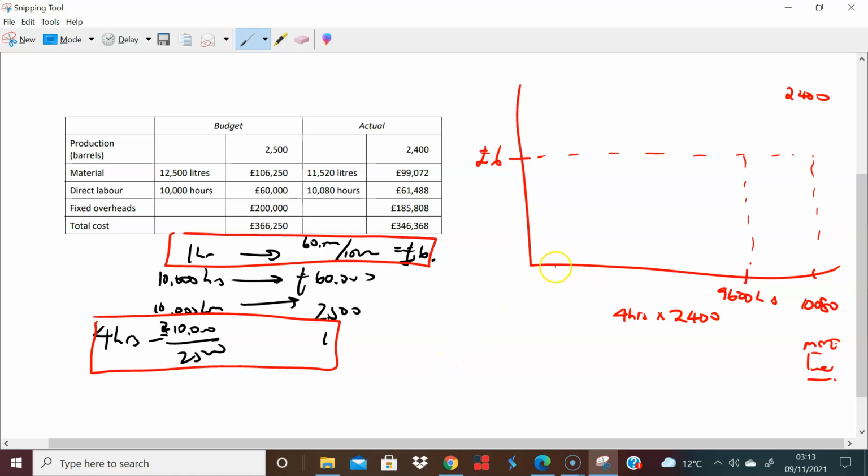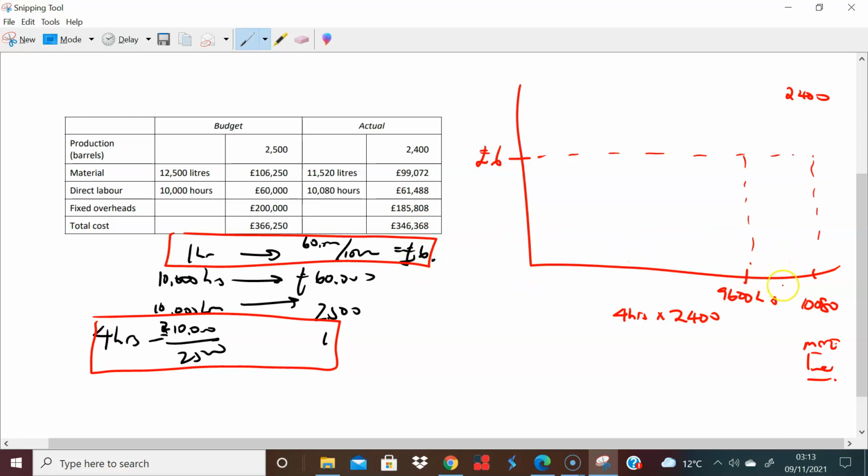We use less material, probably because it's better quality, probably because the machinery is more efficient. But you're using more labor. We'll see what's happening with the price of labor in a second.